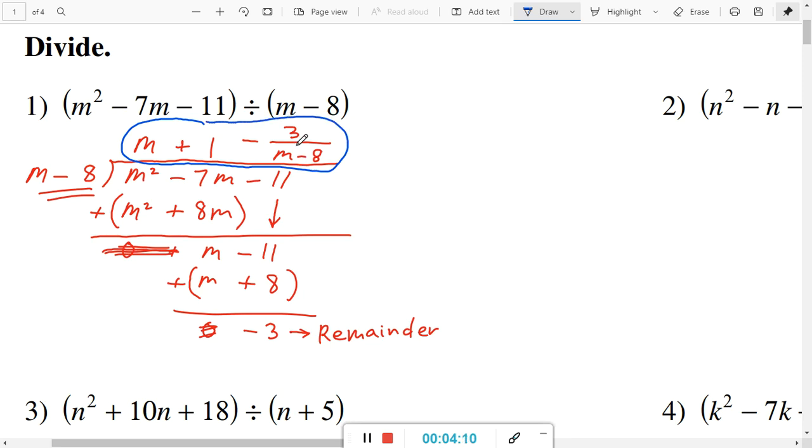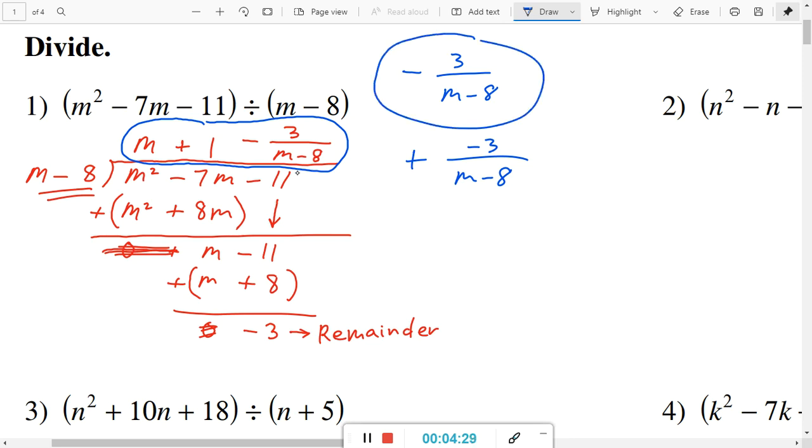Okay, so this term on the end here, you can write it as negative 3 over m minus 8, or you can also write it as plus negative 3 over m minus 8. Okay, I kind of think this first way is better. It just looks cleaner and more professional, but this would work as well.